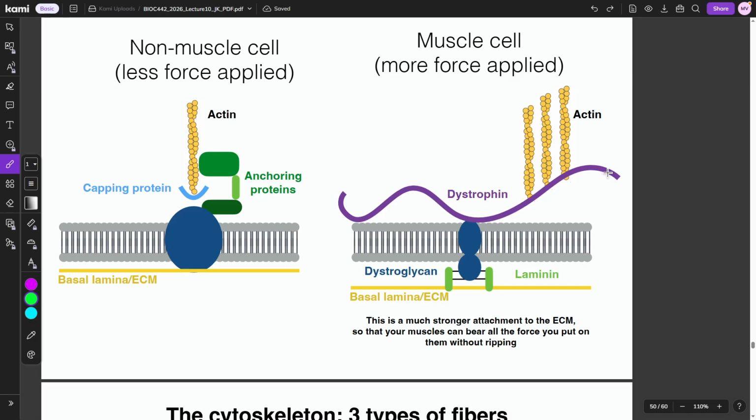And so instead of just having one cup with one actin, you now have a massive set of cup holders where you can put a bunch of different actins in. So a bunch of actins can bind here. You can have an actin here, an actin here, an actin here. So basically what I'm trying to get at here is dystrophin allows you to have way more actins attached to one dystroglycan than just a normal capping protein setup.